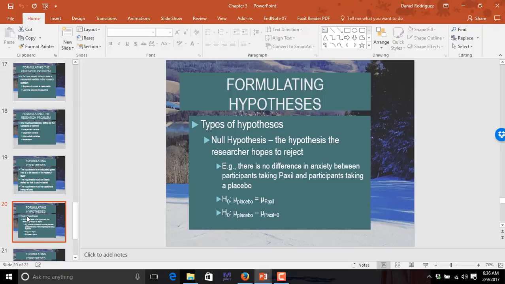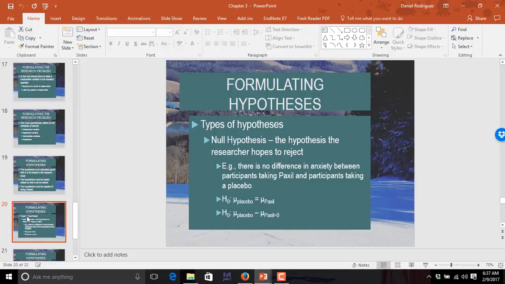In this example, we have a placebo, which is a sugar pill, being compared to a drug like Paxil. Paxil is an antidepressant drug. So we're assuming in this example that the placebo group is equal to the Paxil group in terms of mean anxiety. So this example is a study to test whether or not Paxil helps reduce anxiety.